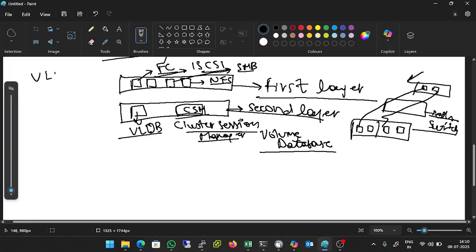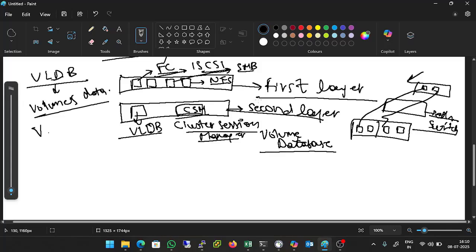VLDB is basically your volume database, which consists of your volumes database. What exactly does this mean? This means that this particular service knows which volume is being called, which volume is being triggered, whenever a host is requesting data to be written or to be read.